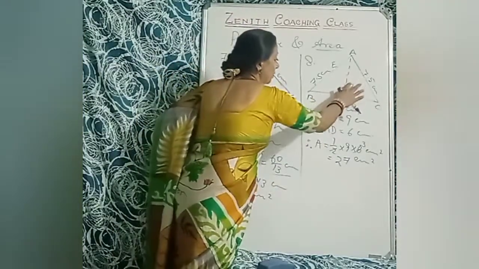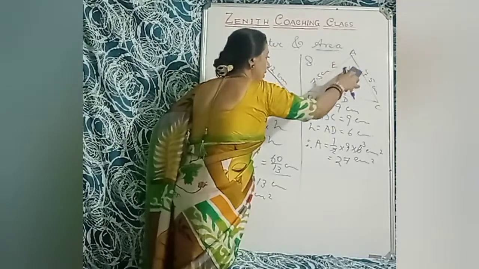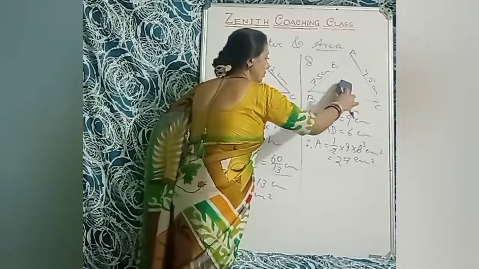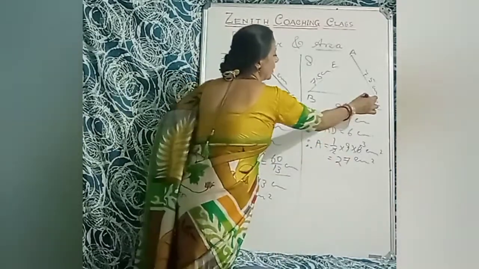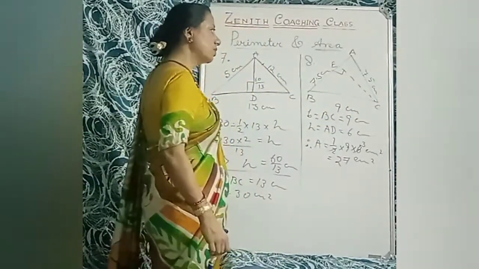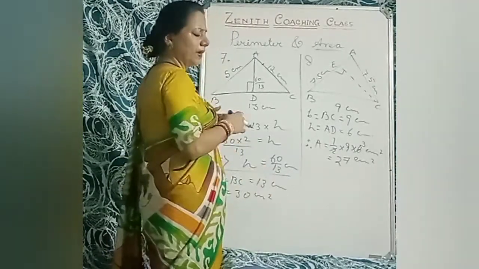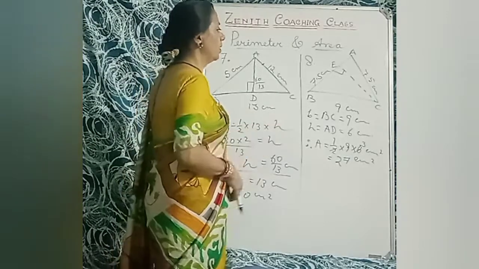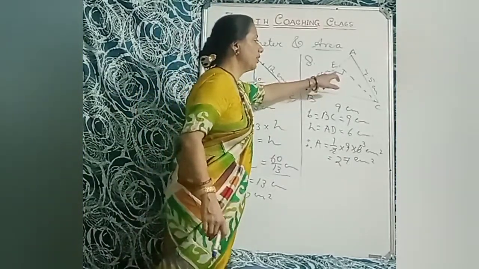Now forget about AD. You have to find out CE. It is another altitude. Now CE is the altitude here. Here is 90 degrees.